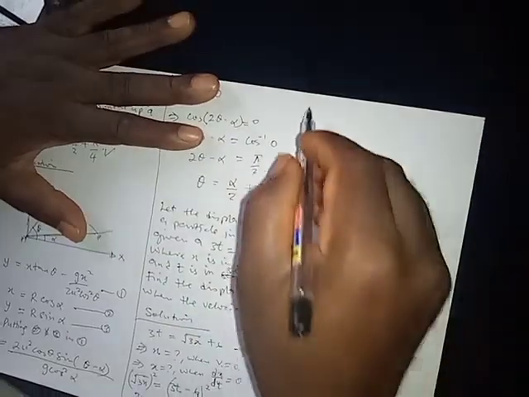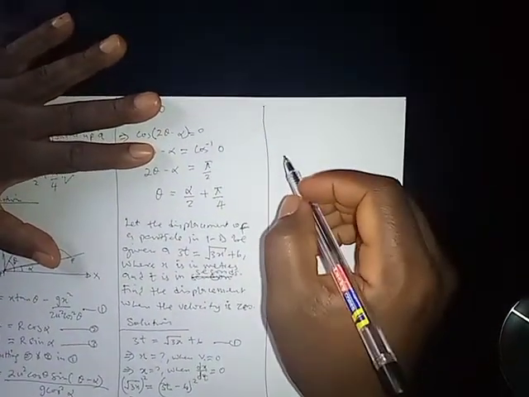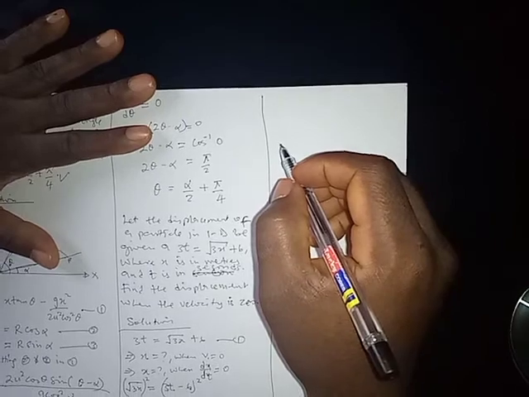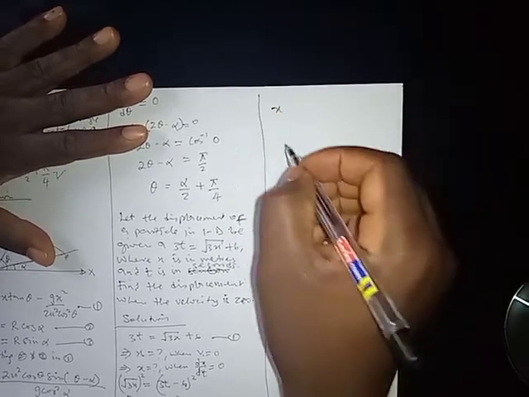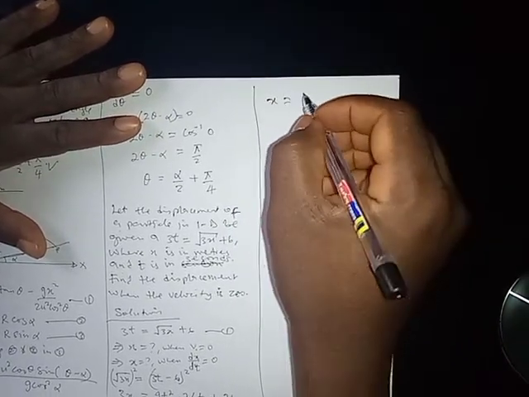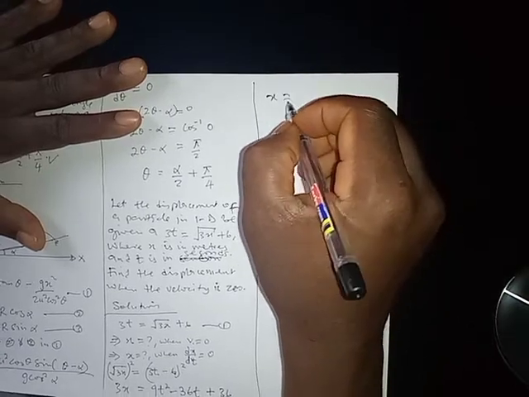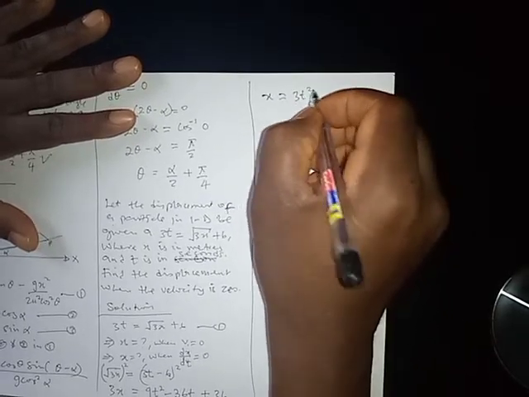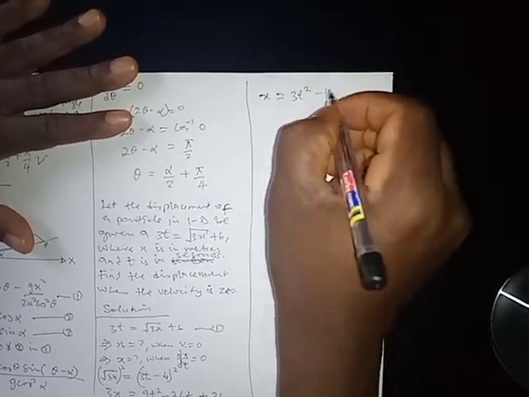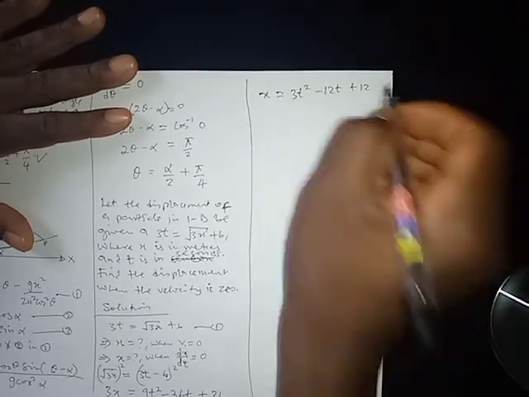So from here we can say x is equal to 3t squared minus 12t plus 12.